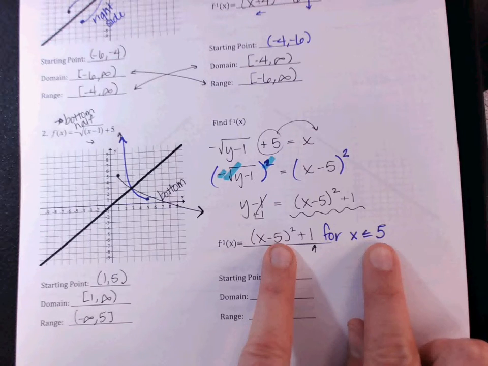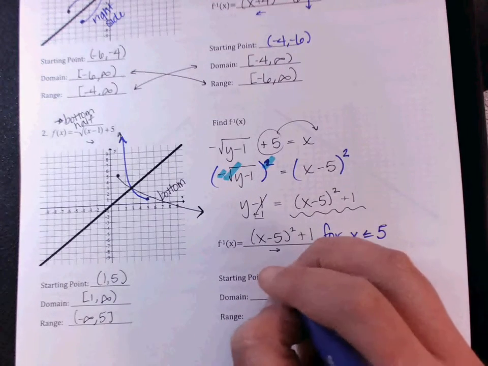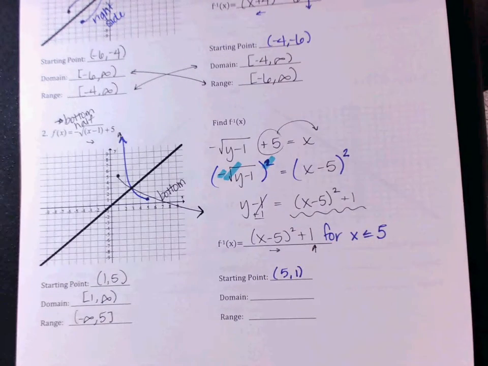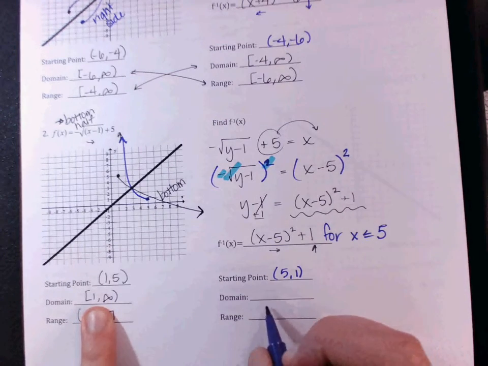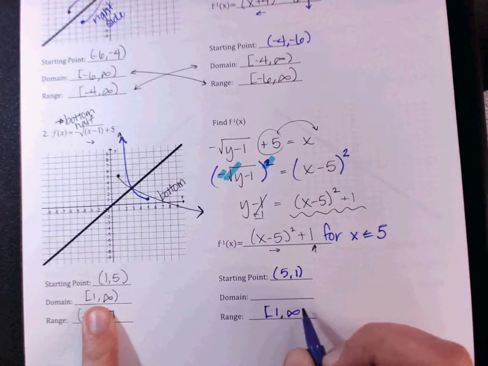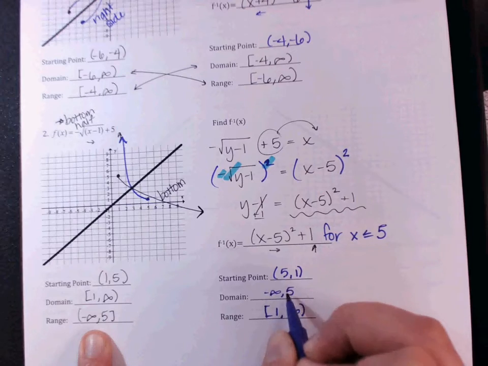So if I went over 5, that's my split point where I'm picking a side. Okay? Point here was 5, 1. And then if you already found your domain and range correctly, then you already know for the inverse function that they're just going to be backwards. So if my domain was originally 1 to infinity, now that's my range here. If my range was originally -infinity to 5, that is now my domain.